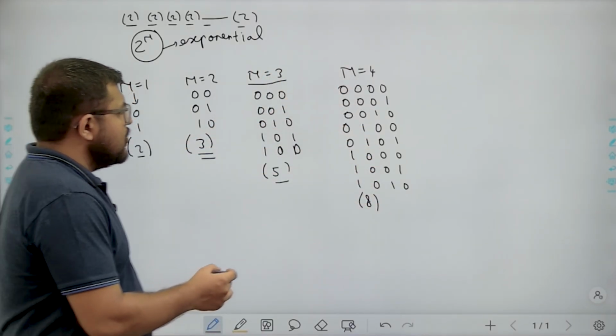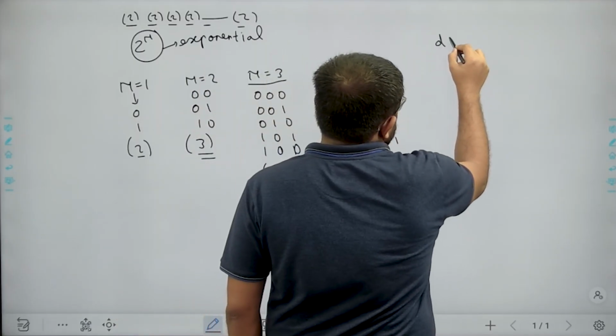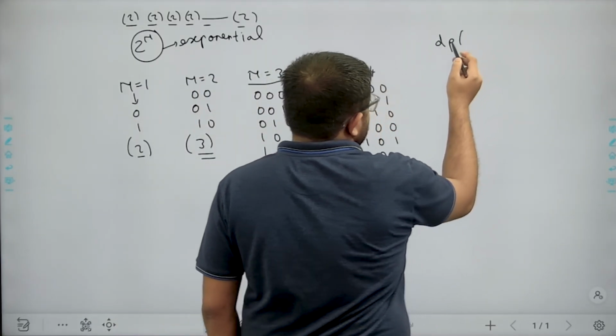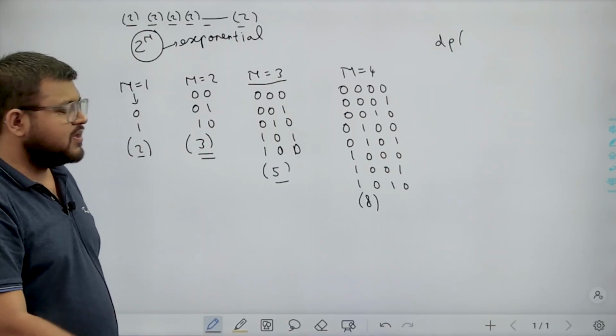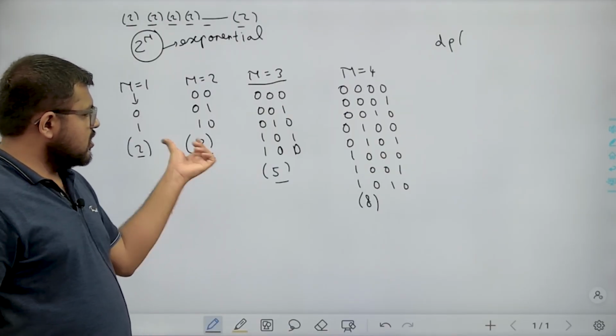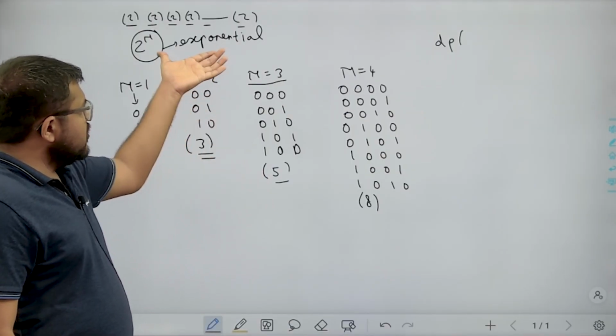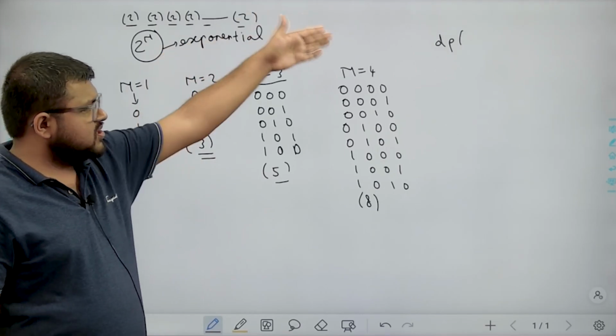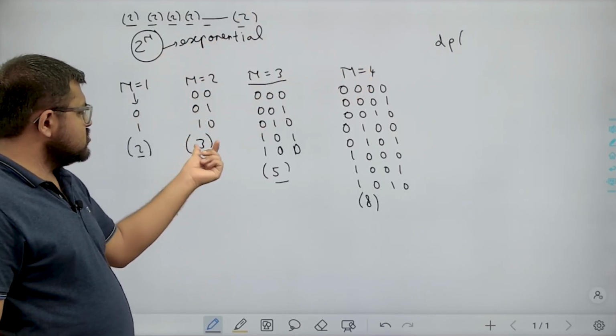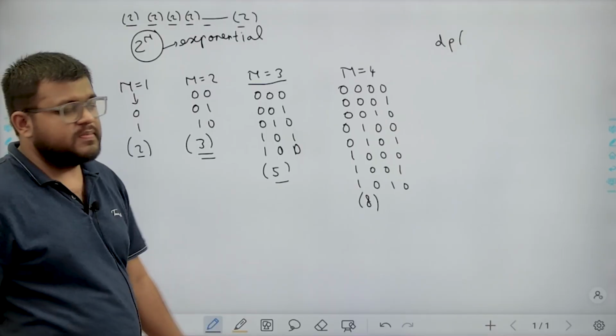So how can we do this? We can take one dp table. Why dynamic programming? Because here solutions to smaller problems are used. First of all, we are converting this recursion into a polynomial solution, and solutions to smaller problems are used to solve the bigger problem.